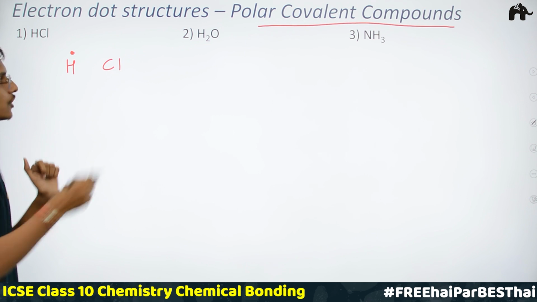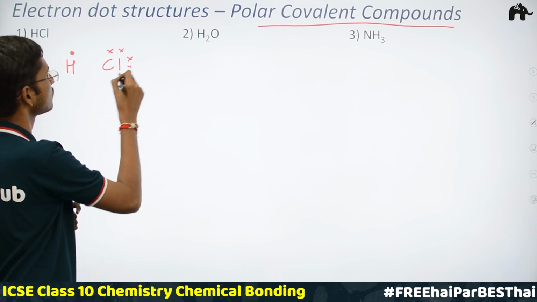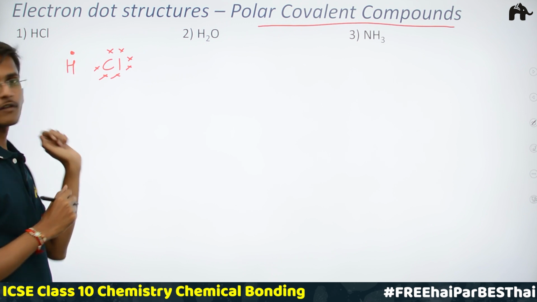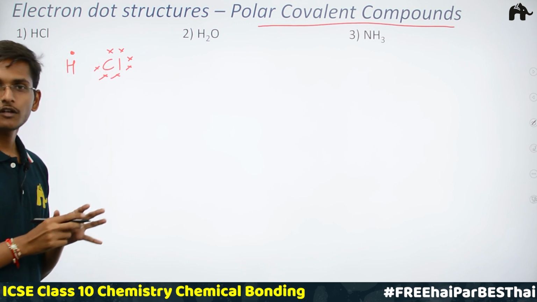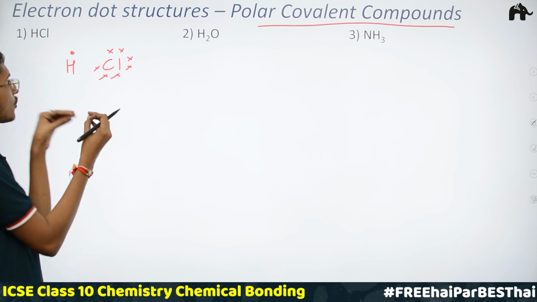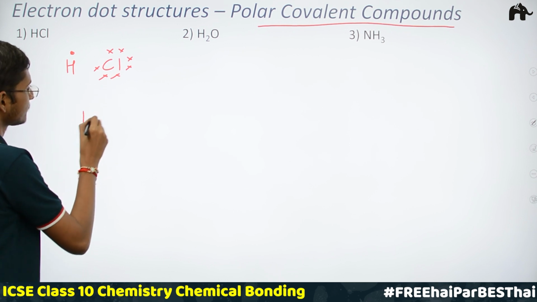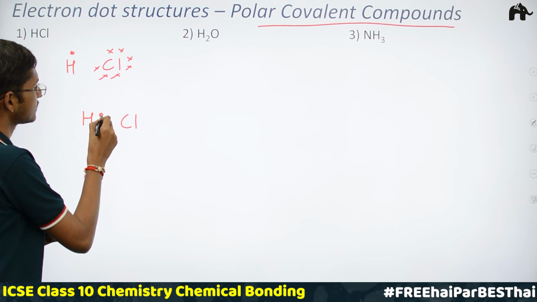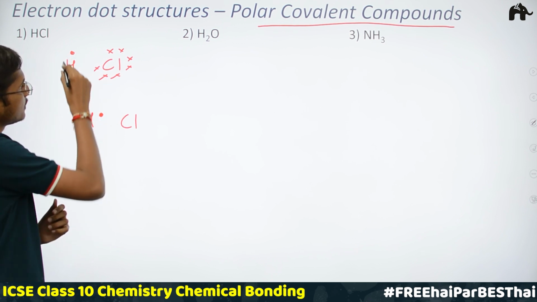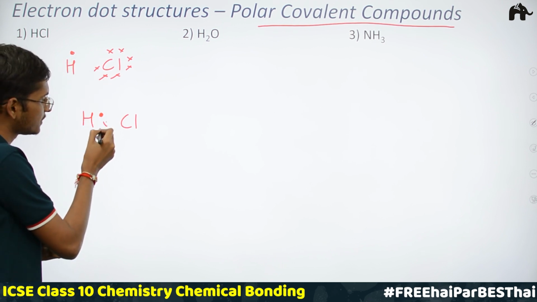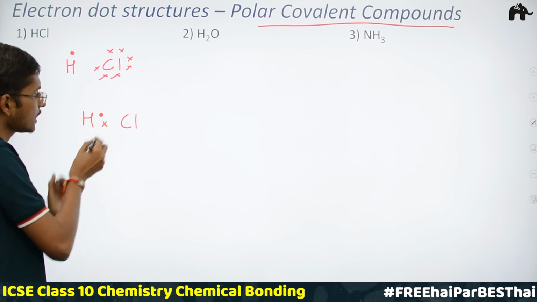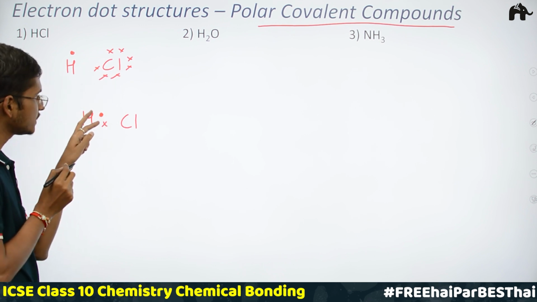Hydrogen is having only 1 electron, chlorine is having 7 electrons, right? Hydrogen is in desperate need of 1 more electron. Chlorine is also in desperate need of 1 more electron. They would share their electrons. So how would they share? Here is hydrogen, here is chlorine. Here is the electron of hydrogen which it brings here. Chlorine brings this electron closer, and then they share their electrons with each other.